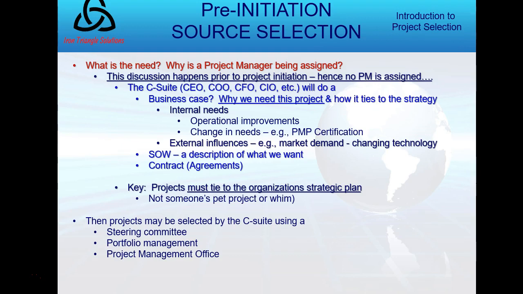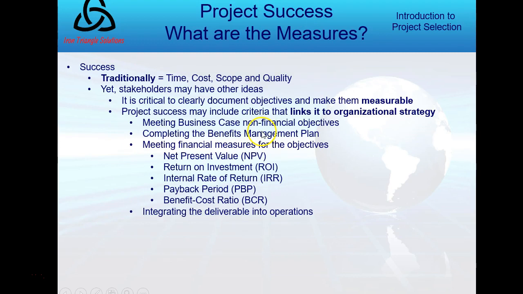Okay. It could also result from a statement of work that another company has signed with you, or contracts or agreements. Okay. And the project manager's role at this point, with the business case in hand from the C-suite, prior to going to the charter, is you're going to tie, the project has to tie to the organization's strategic plan. Every single project is a result of corporate strategy execution. Okay? So traditionally, what measures success in project management?